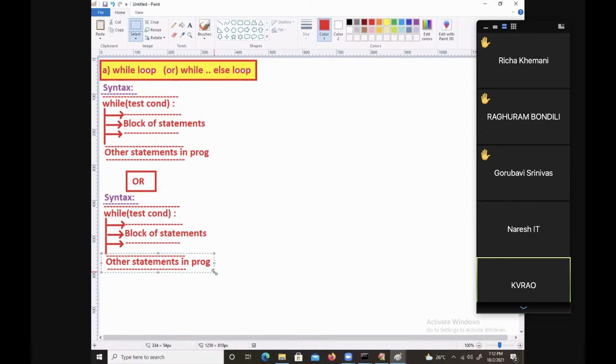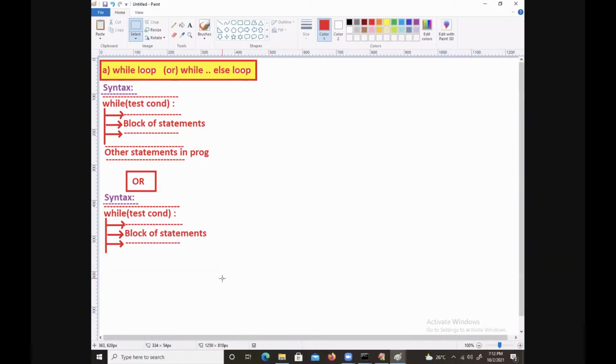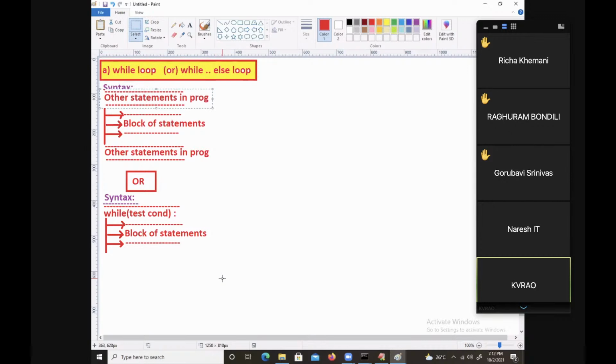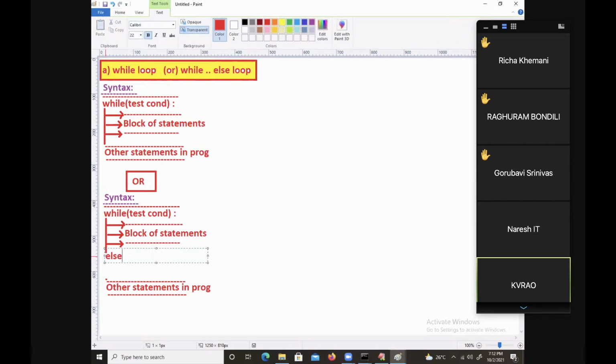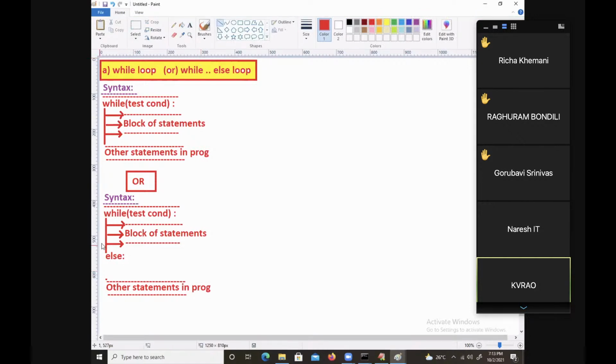Just for a minute, you observe it. I'll just take it up here. Just watch it. Here I am writing the else part also, parallel to this line, because once we know the syntaxes very well, other things are dead easy for you.